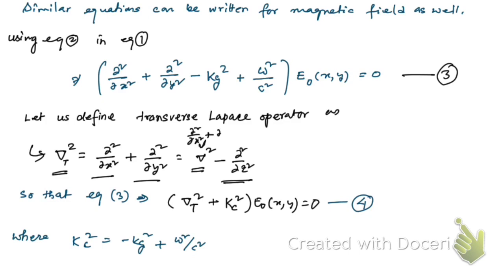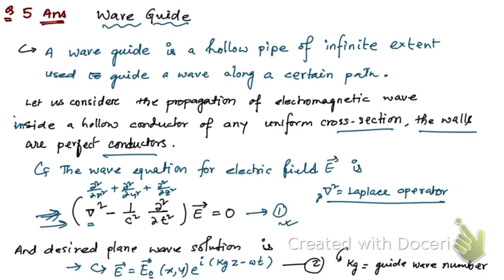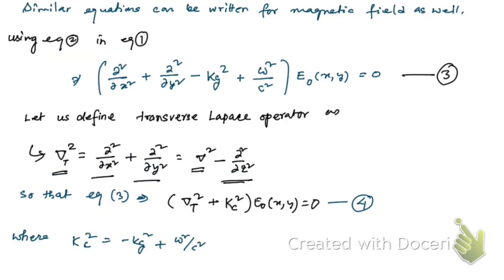So instead of this del square, we have written this. This part is replaced by this, and this part is replaced by kc square.